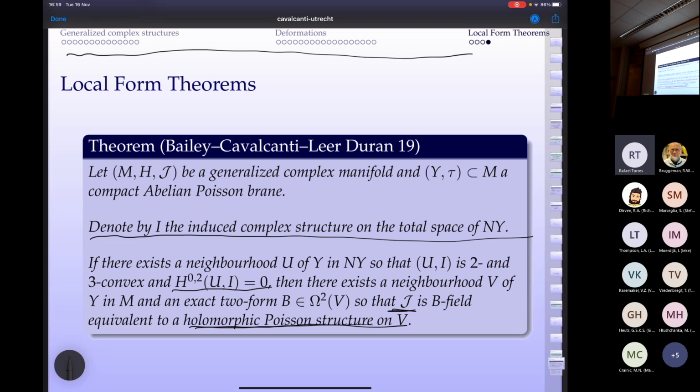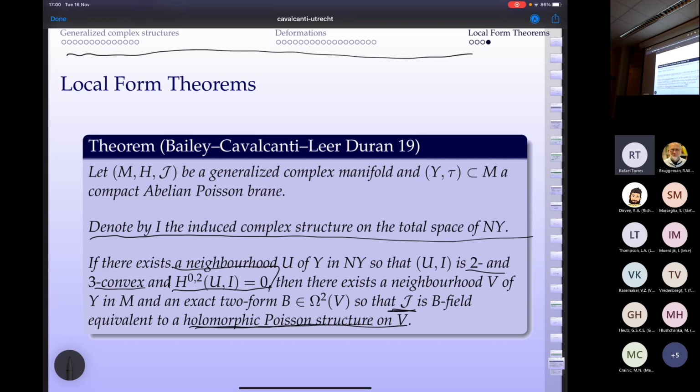So part of it is to get the correct manifold, which induces the correct holomorphic data, so you can compare it to something that makes sense. And there is a condition on vanishing of cohomology, plus 2 and 3 convexity. And this is part of the proof, where we need to do this whole elliptic operator theory.